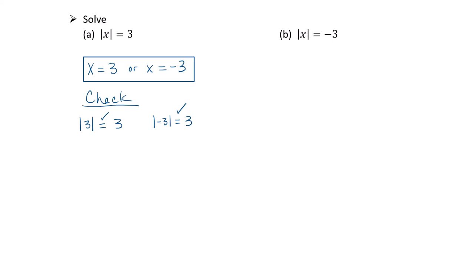In the next example, we have the absolute value of x is negative 3. Now this doesn't quite make sense because we're thinking of the absolute value as a distance. So this is saying the distance that x is away from 0 is negative 3.